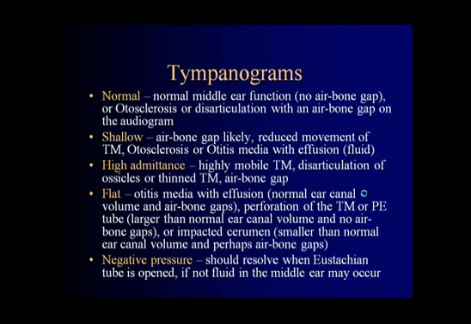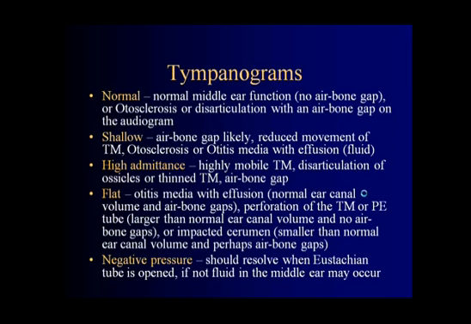High admittance on the tympanogram, so a very tall peak, represents a highly mobile tympanic membrane or disarticulation of the ossicular chain or a thin TM. So a highly mobile TM is either the result of disarticulation of the ossicular chain or a thinned out tympanic membrane, and we would expect to see an air-bone gap.